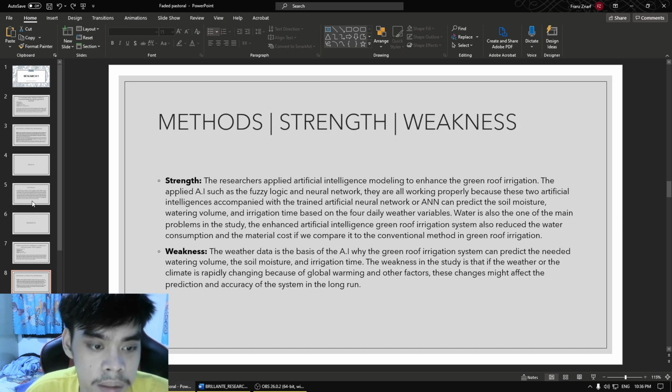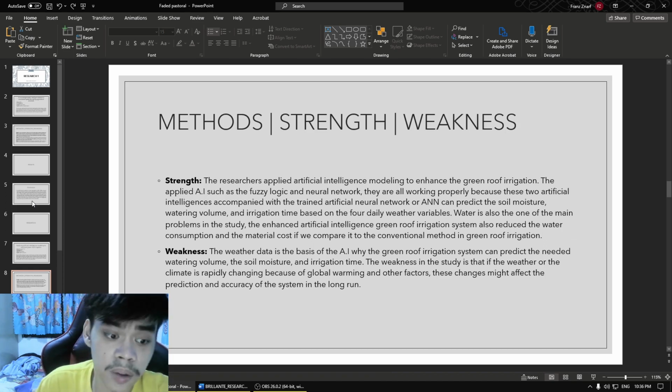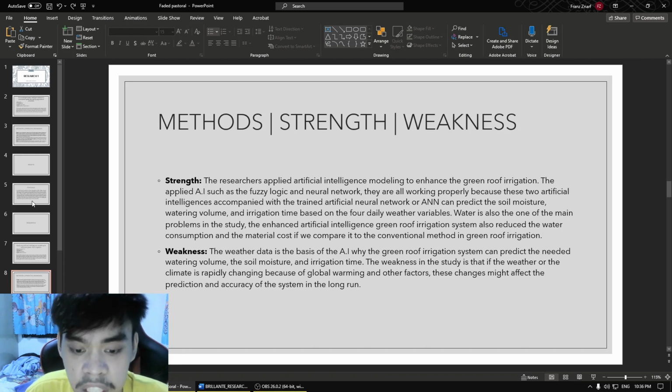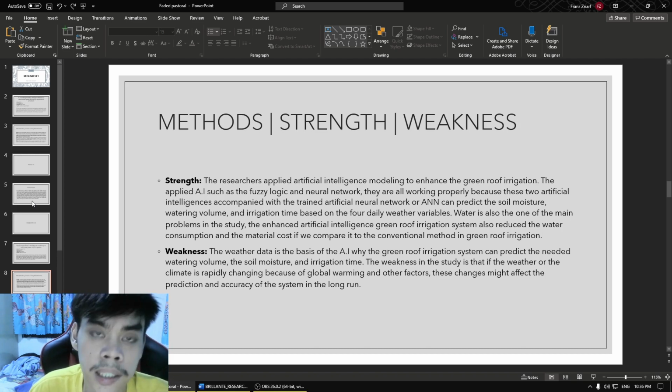The weakness here is that the weather data is the basis. The four weather variables are the basis of the two AIs. So if the weather or the climate is rapidly changing because of global warming and other factors, these changes might really affect the prediction and the accuracy of the system in the long run.